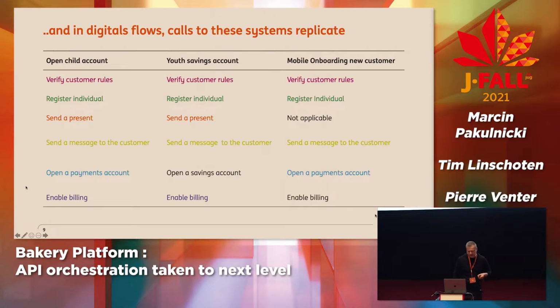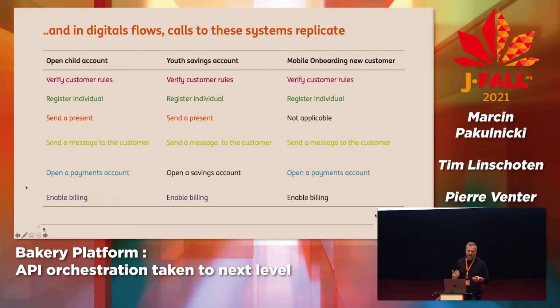So this is a really, really simplified example of just how many exactly the same calls to different subsystems or APIs you have where you develop digital flows. So when opening a child account, a youth savings account, or when onboarding a new customer through the app, you most often just do the same.